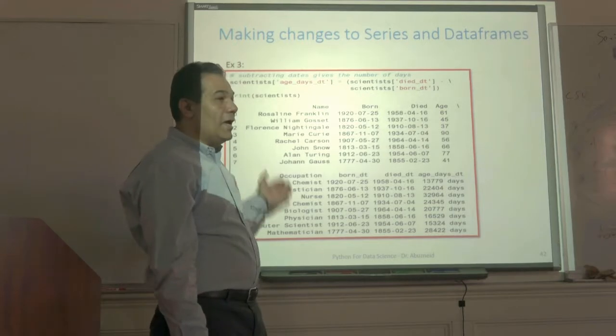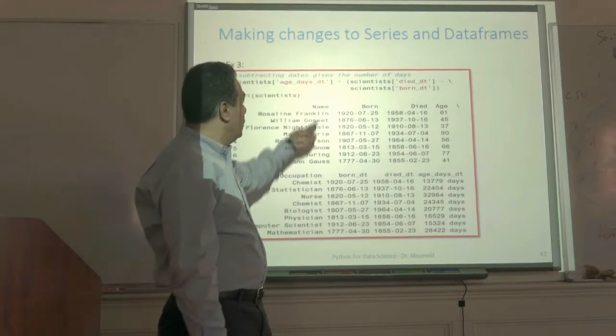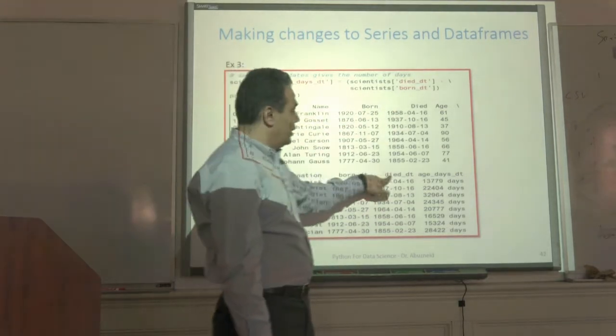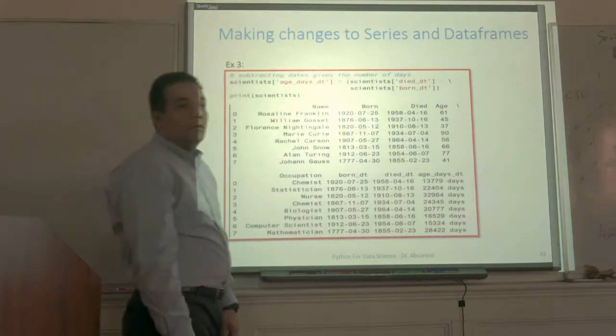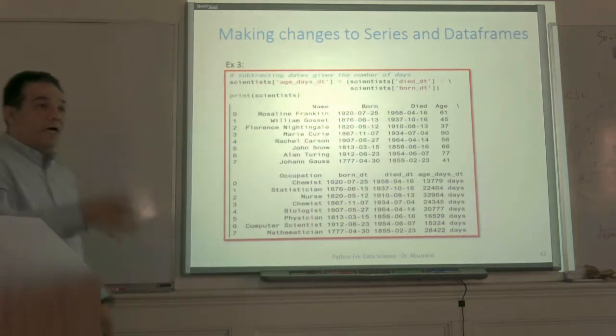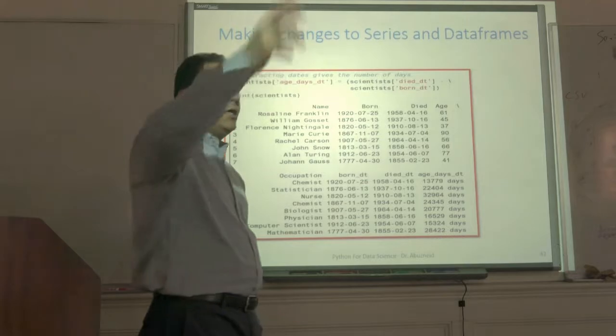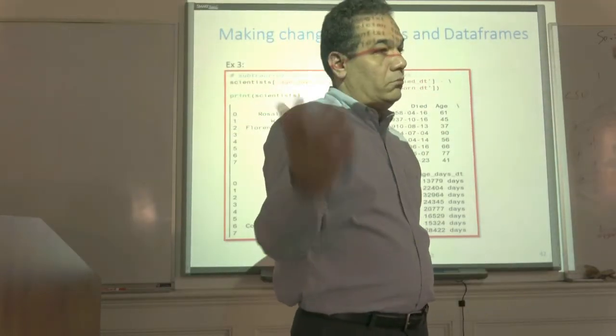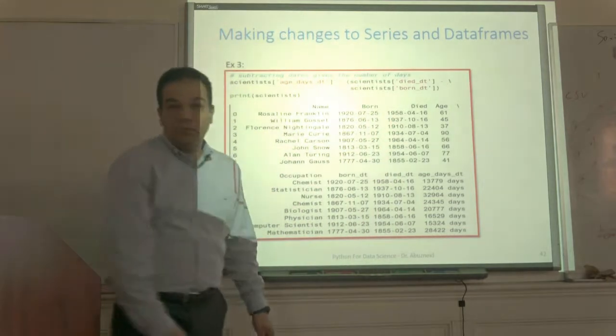All right, so now I have this data frame. How many columns does it have? 1, 2, 3, 4, 5, 6, 7, 8. I could add as many calculated columns as I want.